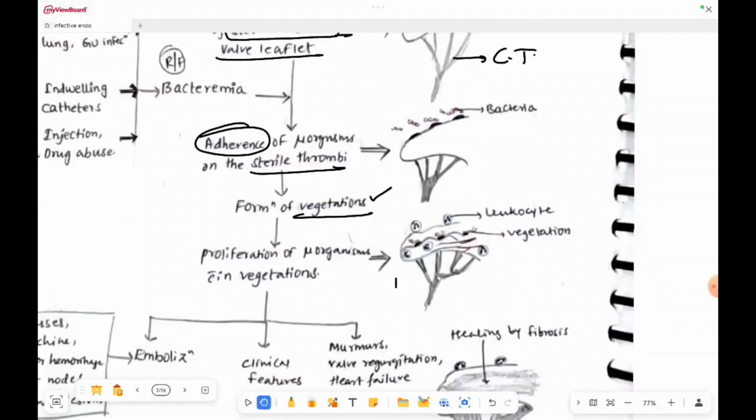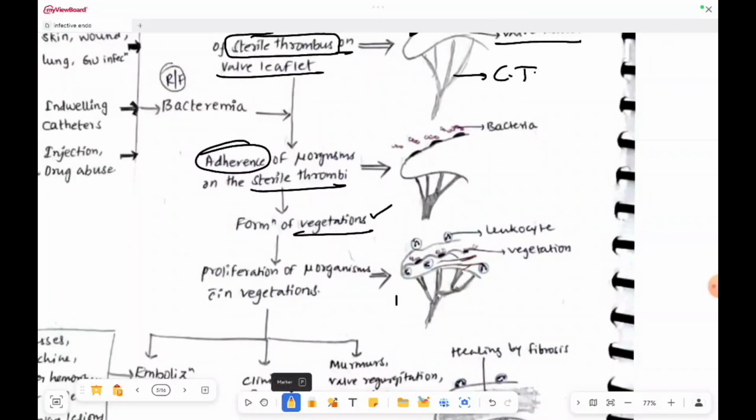So here see, bacteria in the bloodstream are lodging on the sterile thrombi and proliferating within the valve leaflet, and there is provocation of an inflammatory response. These are leukocytes, you can see, which indicate the inflammatory response.